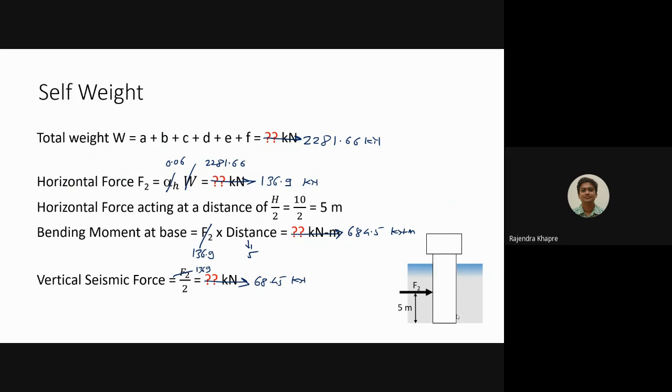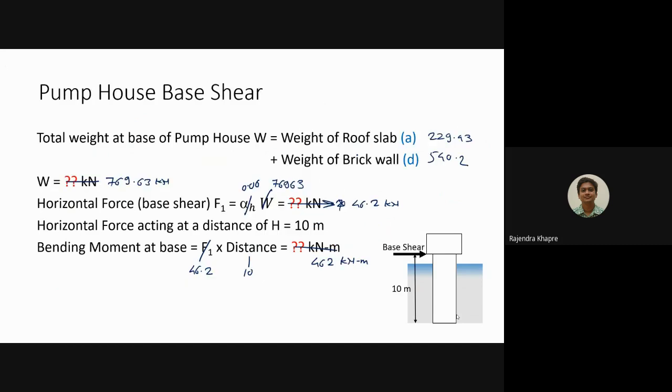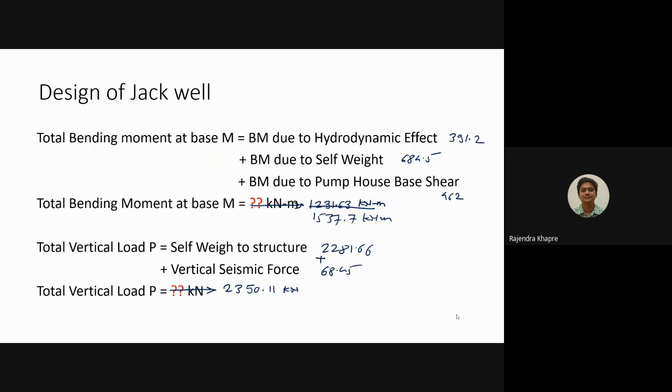ठीक है, तो हम लोगों को इन दोनों को ऐड करना पड़ेगा. So I think we have done some addition over here at the end, that is 2281.66 plus 68.45. So the total vertical load P is coming out to be 2350.11 kilonewton. ठीक है. So this includes everything.